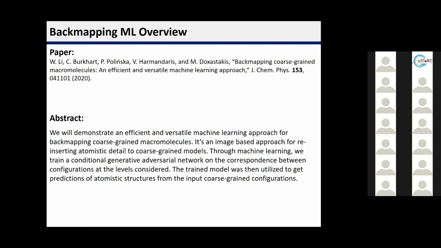Through machine learning, we train a conditional generative adversarial network on the correspondence between configurations at the levels considered. And finally, we utilize the trained model to get predictions of atomistic structures from the input coarse-grained configurations.